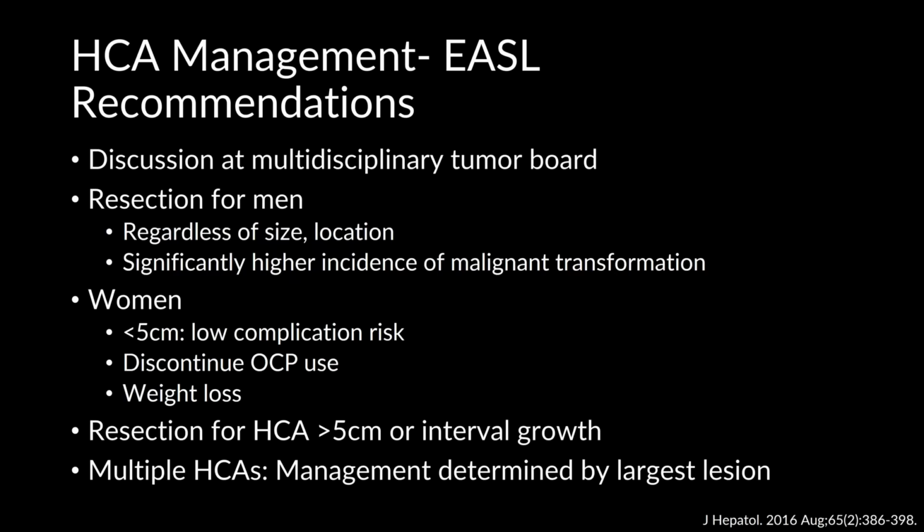Interval growth is based on the RECIST criteria, so 20% interval growth is what they recommend to assess it by. For multiple hepatocellular adenomas, management is governed by the largest or most suspicious lesion rather than taking all the lesions in conglomeration.